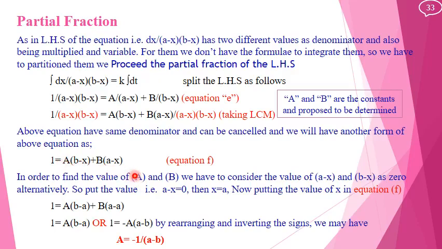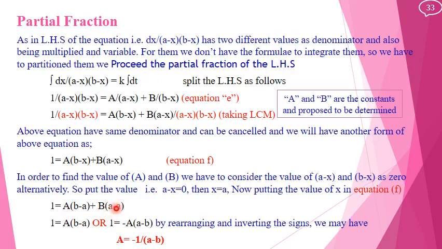In order to find the value of A here, which is unknown for us, and which we have proposed as abbreviations, we have to determine their values. So we have to consider the values of a minus x and b minus x as 0 alternately. First we consider that a minus x is equal to 0. Then by rearranging this equation we will have a is equal to x, or x is equal to a. Now putting the value of x as a in equation f, we will have 1 is equal to A into (b minus a) plus B into (a minus a).